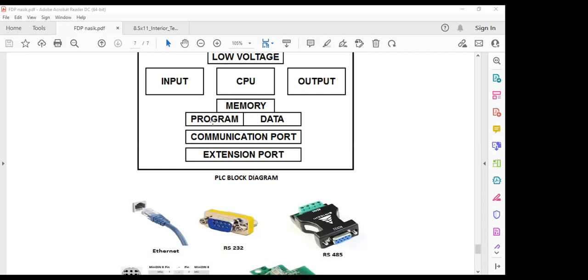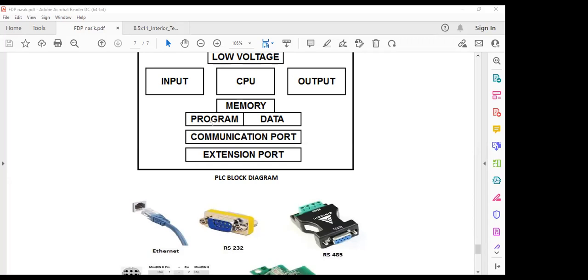The location where it is stored is your program memory location. Data memory. Data means addresses. Addresses that we use in our program, like input address, output address, timer, counter, many things.